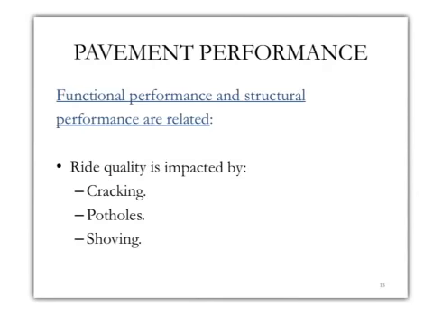If I don't have fatigue cracking or thermal cracking, or the potholes are very seldom, and I don't have any shoving problem, then the ride quality would be good, and therefore the functional performance would be good. So that tells you an example that yes, they might be in several cases related to each other, functional versus structural performances.